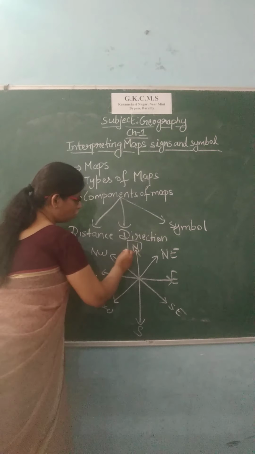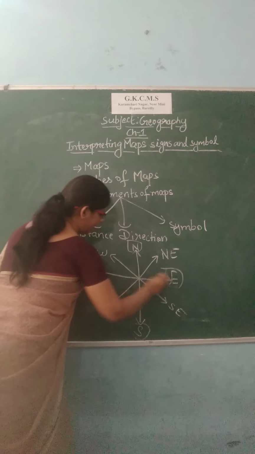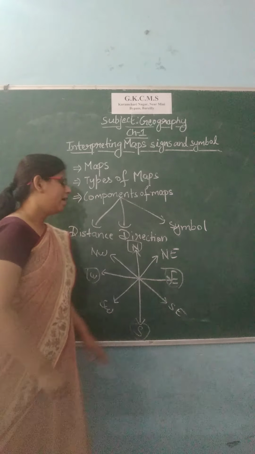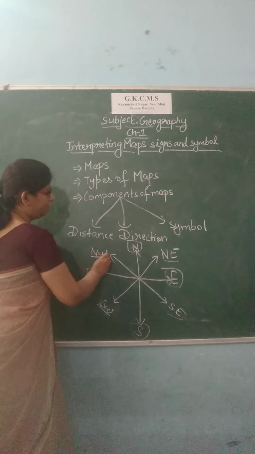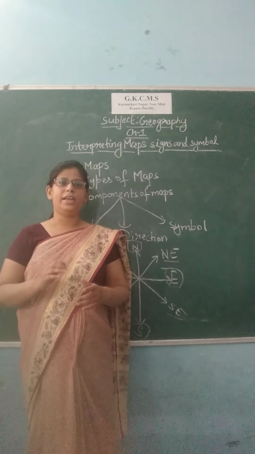The points north, south, east and west are known as the cardinal points, and northeast, southeast, southwest and northwest are known as intermediate directions. Clear?